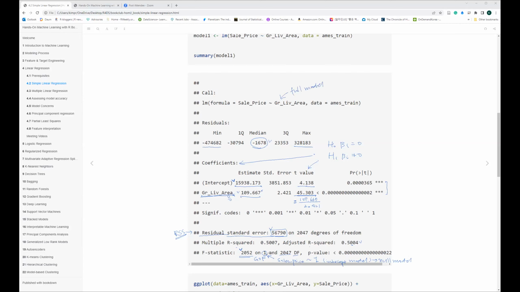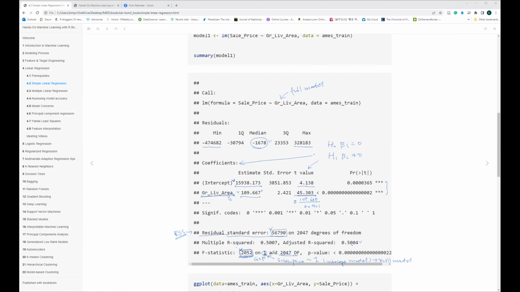we can compare these two models and calculate the difference in the F statistic value, like a chi-square value, between the null model and the full model. When we calculate that difference, this is the result in this case.